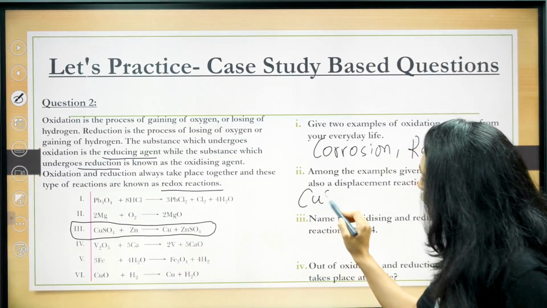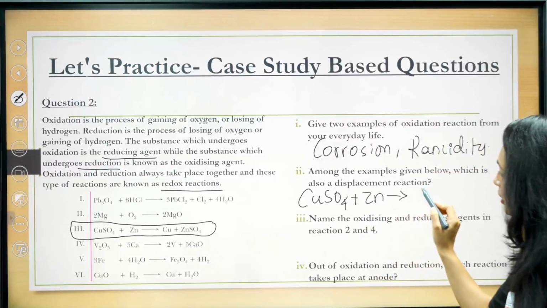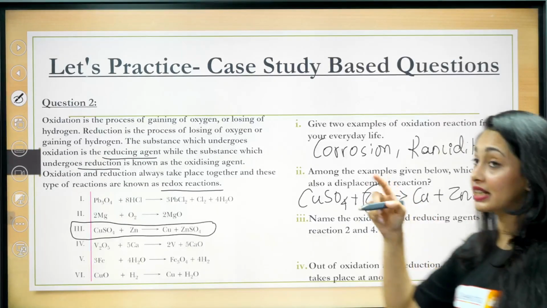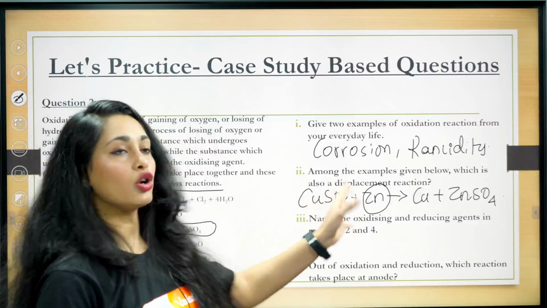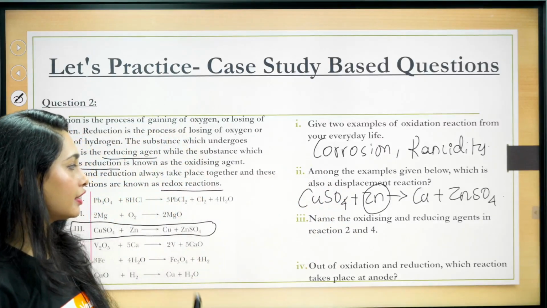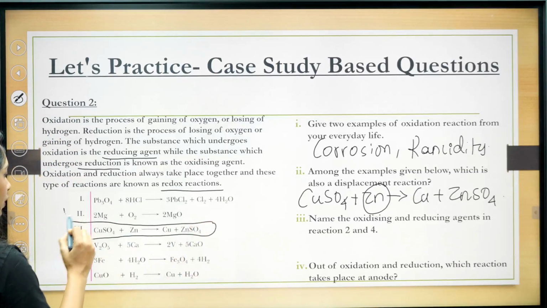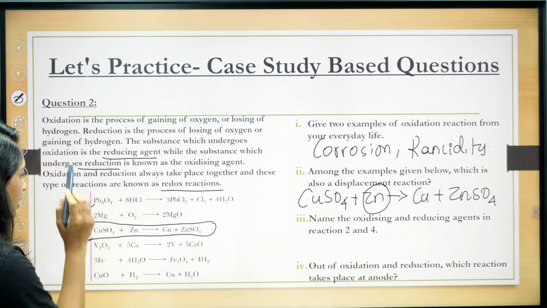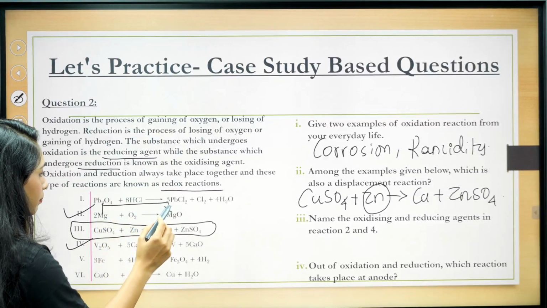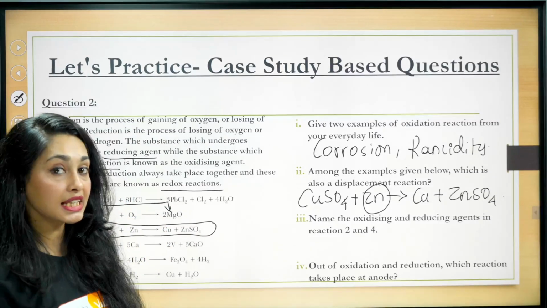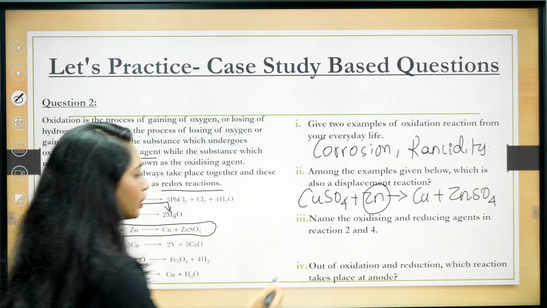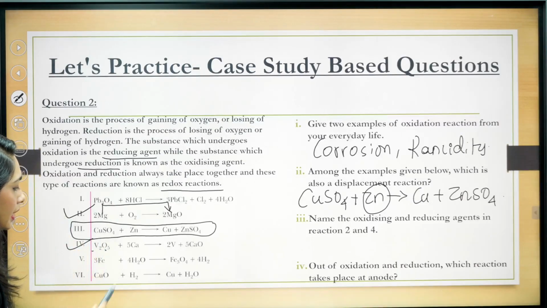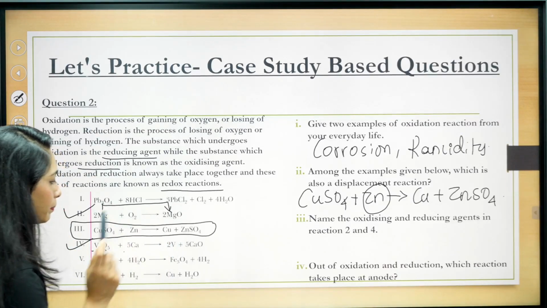See here, copper sulfate is reacting with zinc to form copper and zinc sulfate. Zinc is more reactive than copper, so zinc is displacing copper from the copper sulfate solution. Next, name the oxidizing and reducing agents in reactions 2 and 4. Here and here, we need to see which is the oxidizing agent and which is the reducing agent. Magnesium is forming magnesium oxide. Which is the oxidizing agent here? Oxygen. In the fourth one, V2O5 is reacting with 5Ca to form 2V plus CaO.